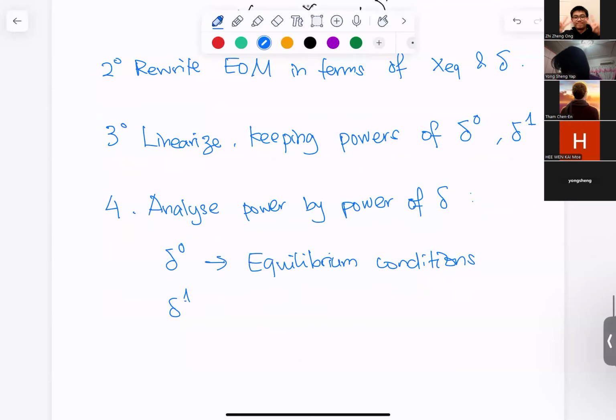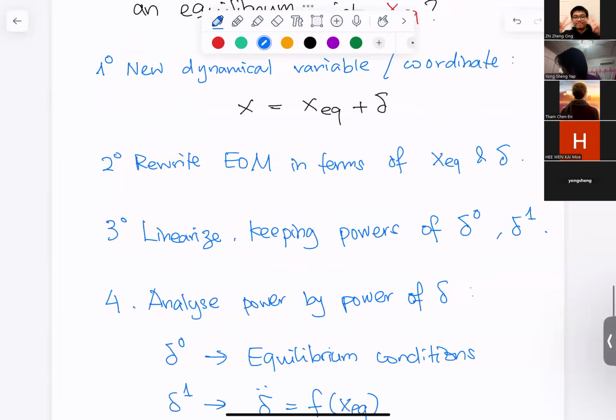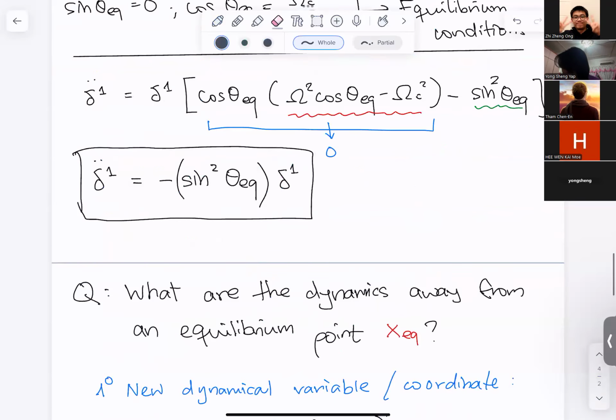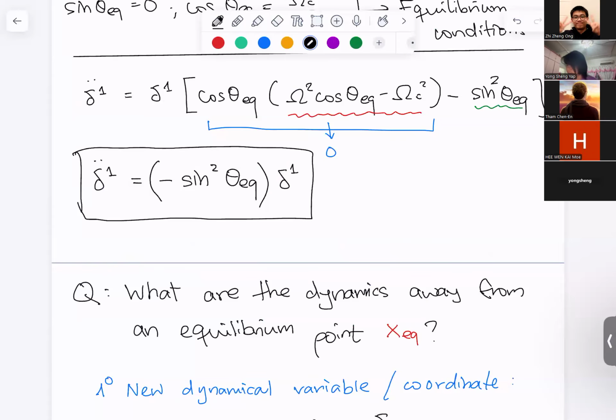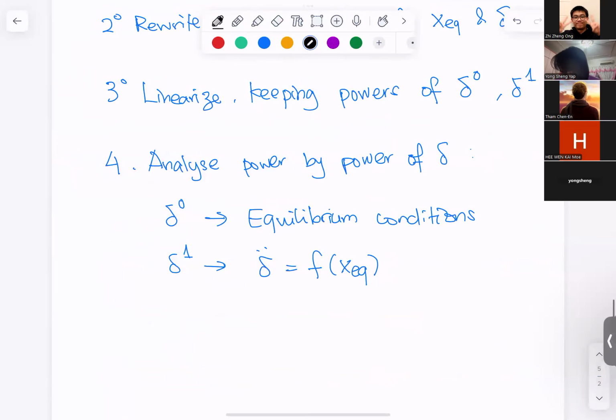And delta to the 1 will give you something of the sort that delta double dot must be equal to some f of x equilibrium, in terms of the equilibrium position, times delta.